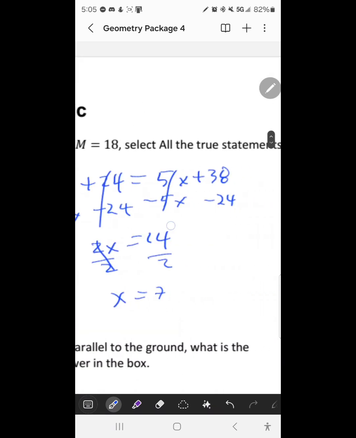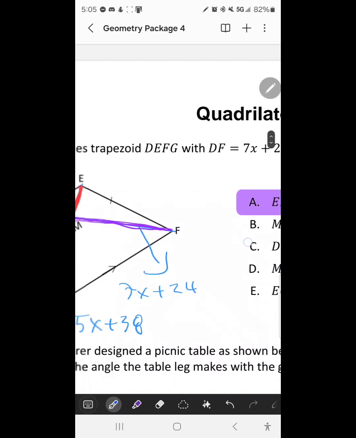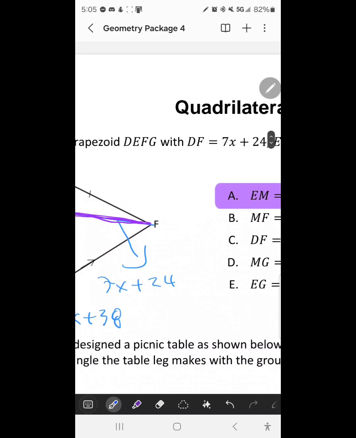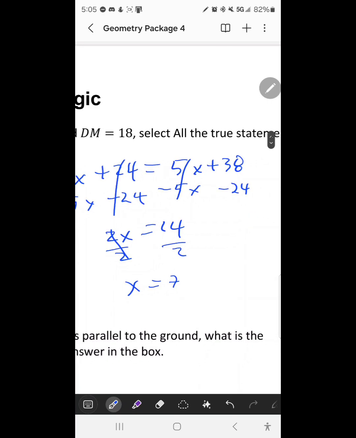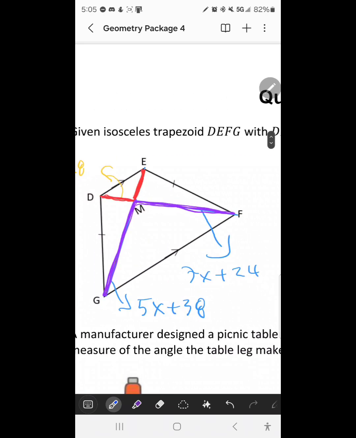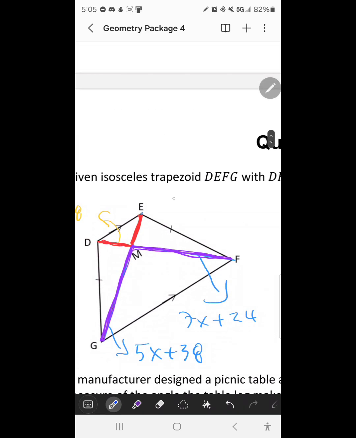So now that we have the value of x, we can calculate the value of MF. Now let's substitute the value.